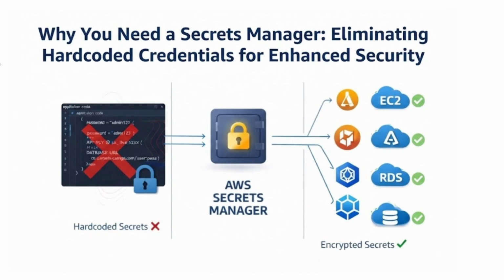Whether it is an EC2 instance, containers, Kubernetes, or RDS, all services can securely access the same secret in a controlled way. So in short, no hard-coded credentials, centralized security, encryption and rotation built in. AWS Secrets Manager helps you build safer, more scalable and production-ready cloud applications.